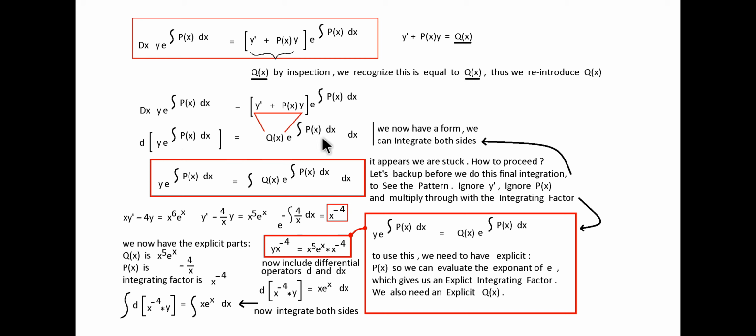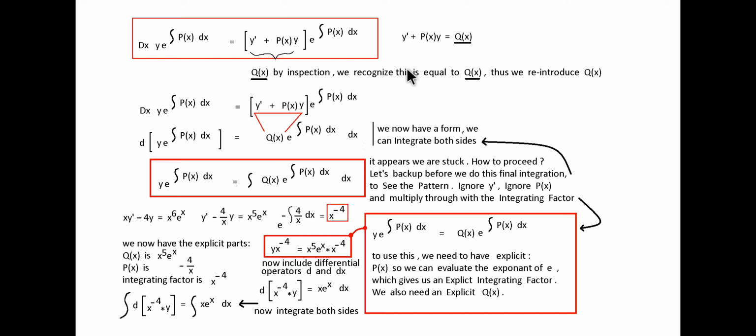We can really only finish when we have an explicit first order linear diffy-Q to work with from the beginning. What we see here is we have y times the integrating factor, and here we have q of x times the integrating factor, and then of course the d differential on the left and dx differential on the right.